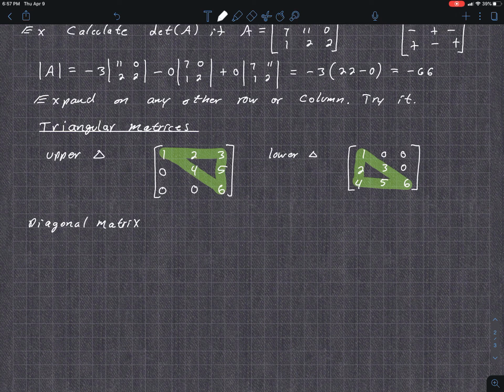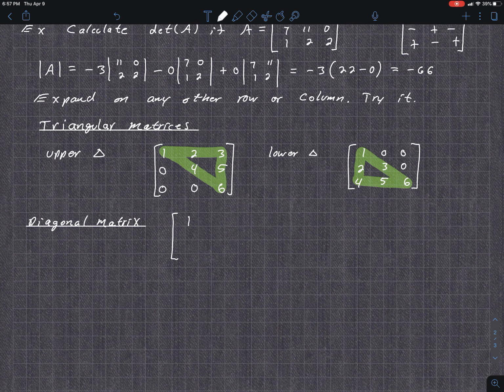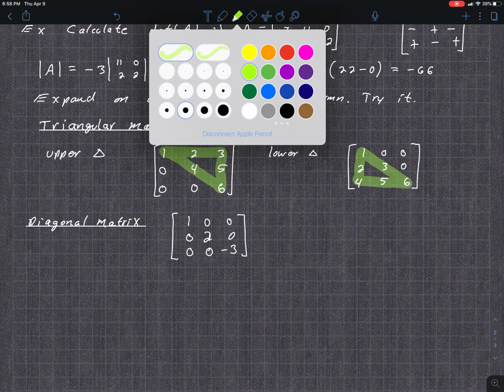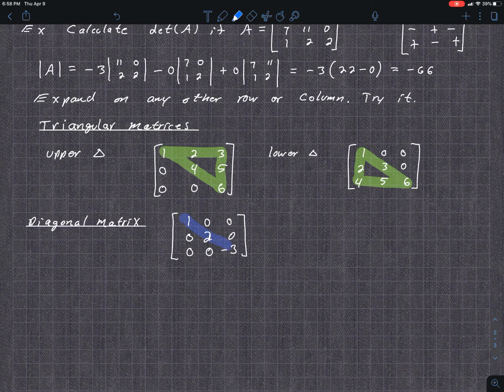And then we have diagonal. So diagonal matrix. This one we use quite a bit too. So basically, zeros elsewhere. So 1, 0, 0, 0, 2, 0, 0, 0, and then say like -3 or something.